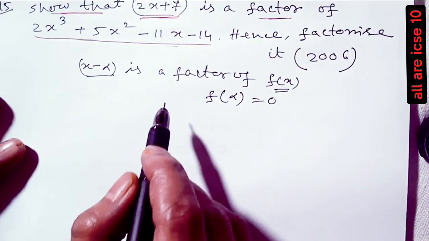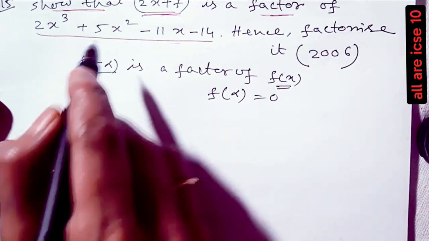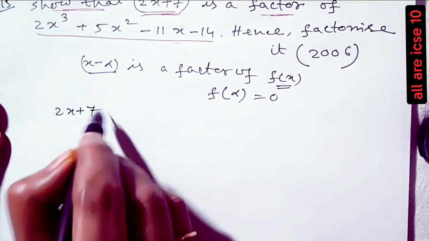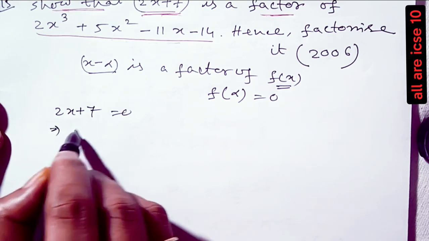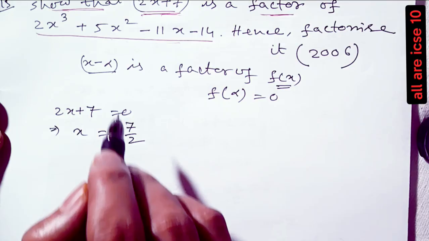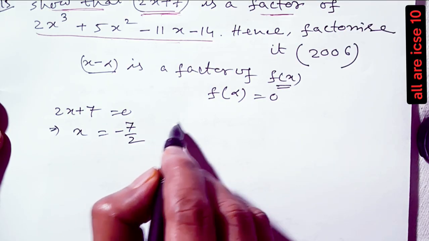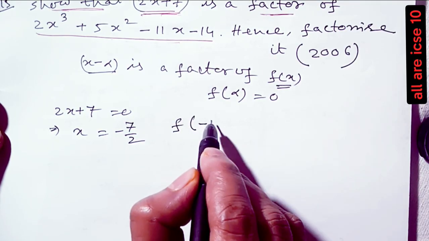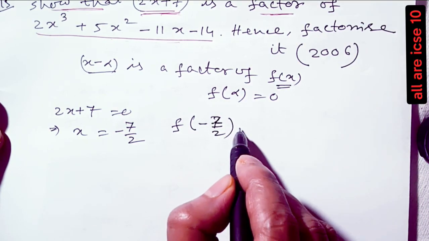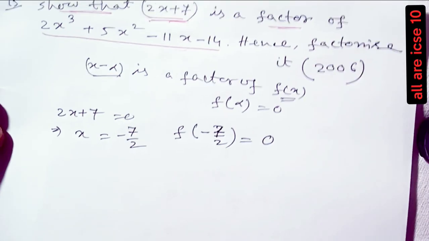So using this theorem, here 2x plus 7 equal to 0, x equal to minus 7 by 2. So using factor theorem, we say that f minus 7 by 2 equal to 0.